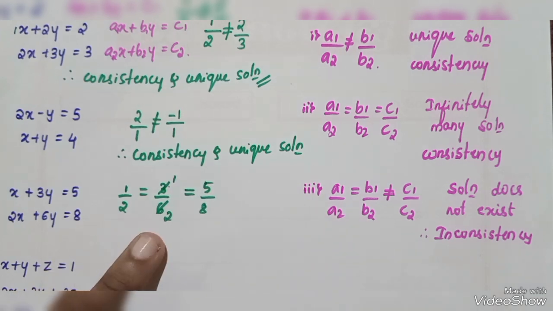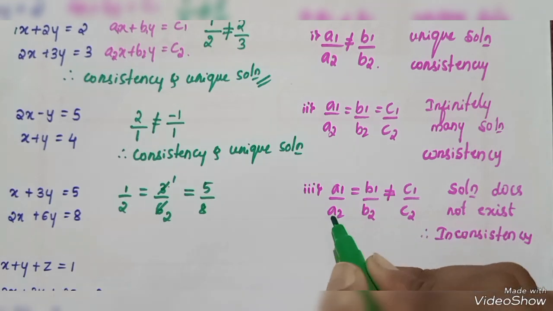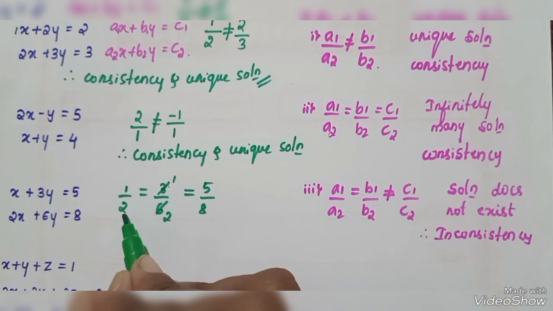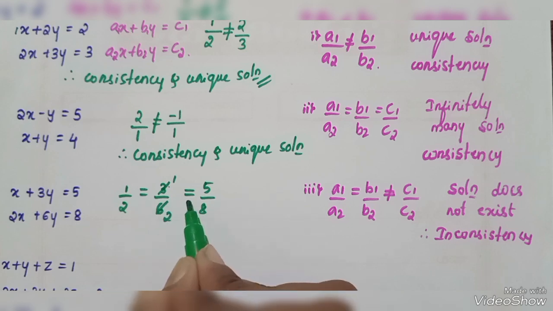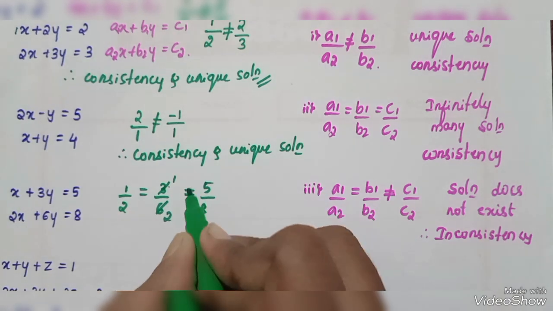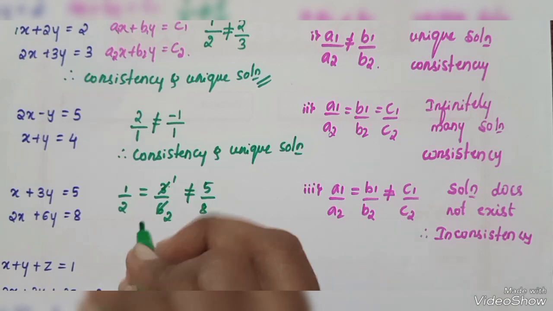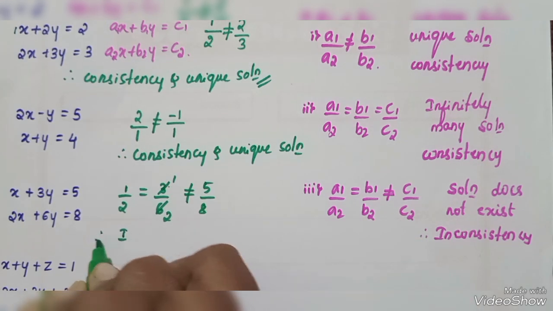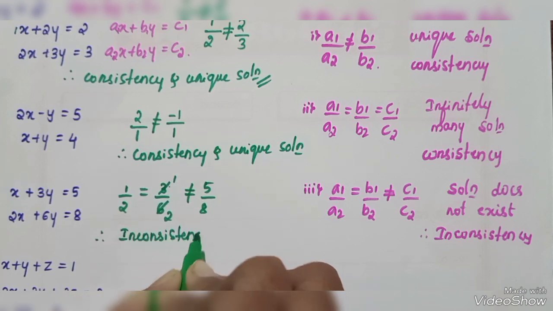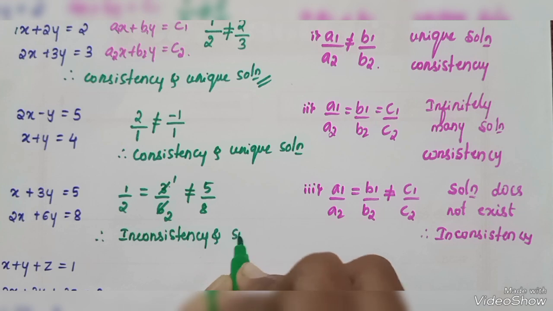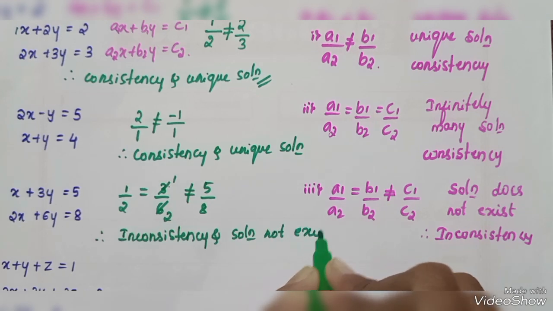Here a1 divided by a2 and b1 divided by b2 are both equal but not equal to c1 divided by c2. Therefore it is inconsistent and the solution does not exist.